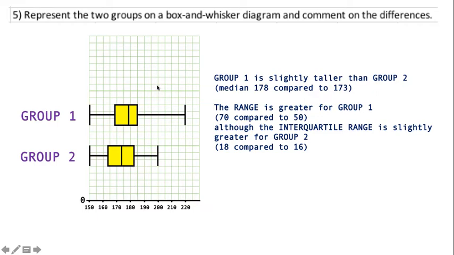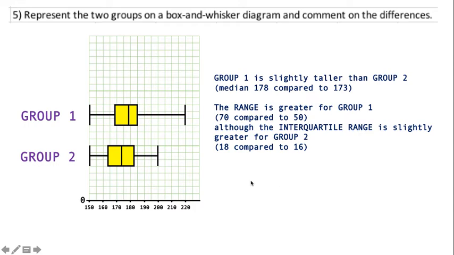So a box and whisker plot shows the lowest and highest values, and then the quartiles in the box: the lower quartile at the bottom, the upper quartile at the top, and the median as a line in the middle of the box. I've done one of those for group 1 and then also for group 2.